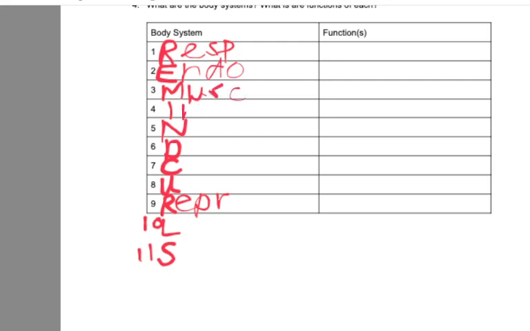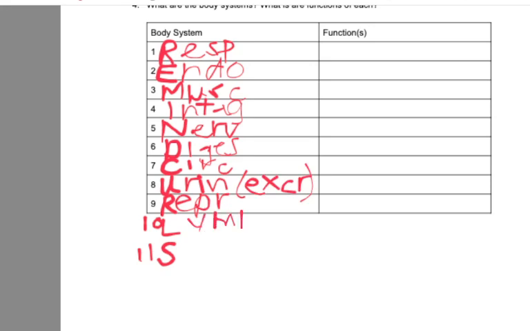I is integumentary. N is nervous. D is digestive. U is circulatory. U is urinary, which in that video is called the excretory. R is reproductive. L is lymphatic. And S is skeletal. Pardon my terrible handwriting.